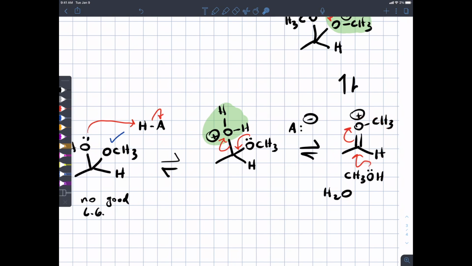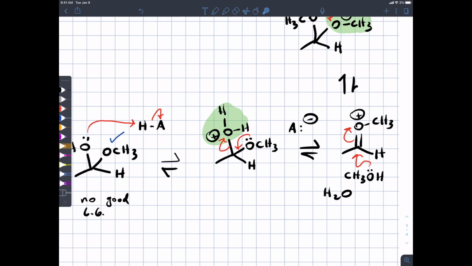In terms of why, I'm not sure what to tell you other than anything I would tell you would be hand waving. I think the idea is that the lone pairs on this oxygen actually help the leaving group to leave. And that's an intramolecular reaction, so that's faster than the nucleophile finding this molecule.